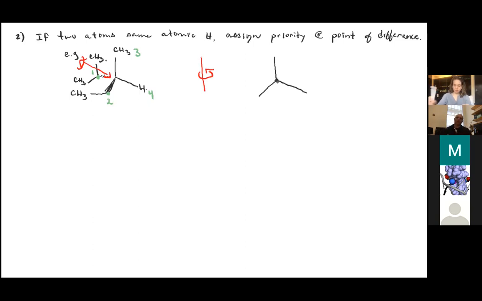And so again, the methyl group on top, that doesn't move, so we just drop that in. And then the number 2 substituent in the front, which is called an ethyl group, is going to swing off to the right. And so that now is over here. And the remaining substituent that's going into the plane, into the board, is going to come forward and wind up on the left.